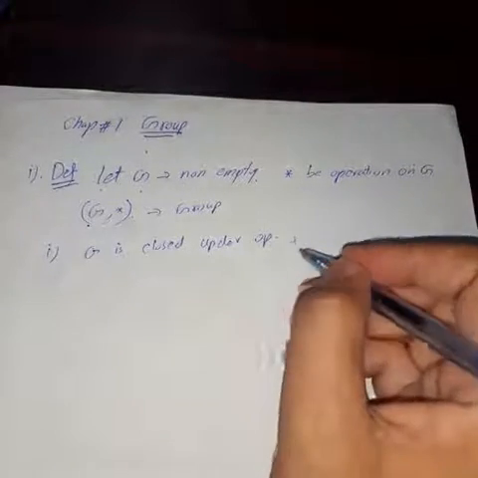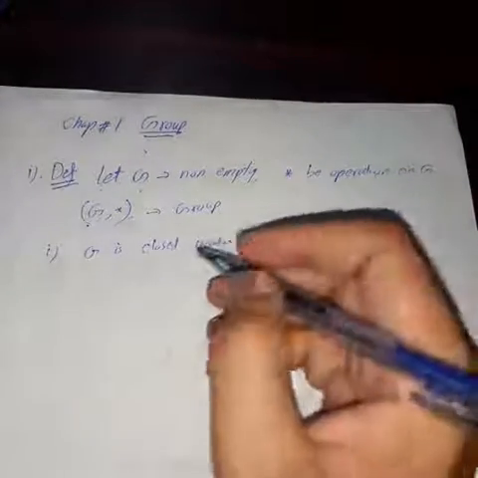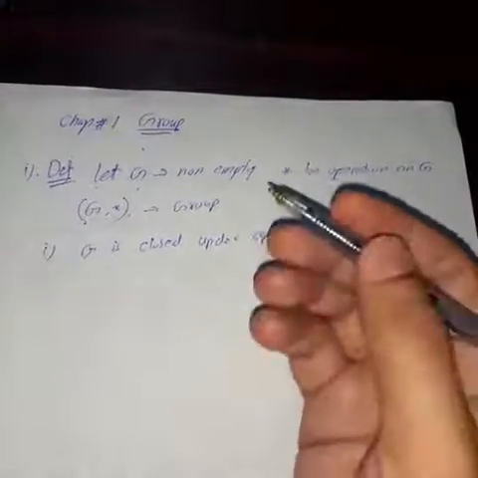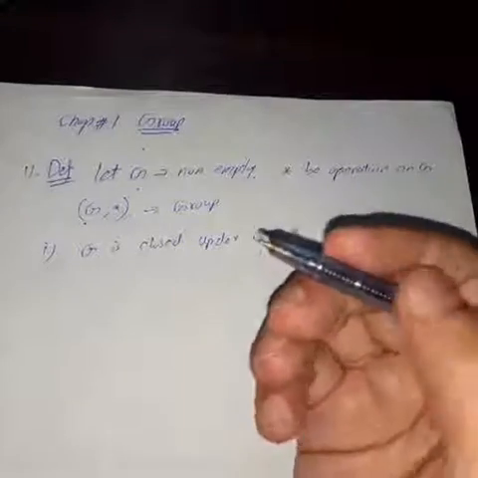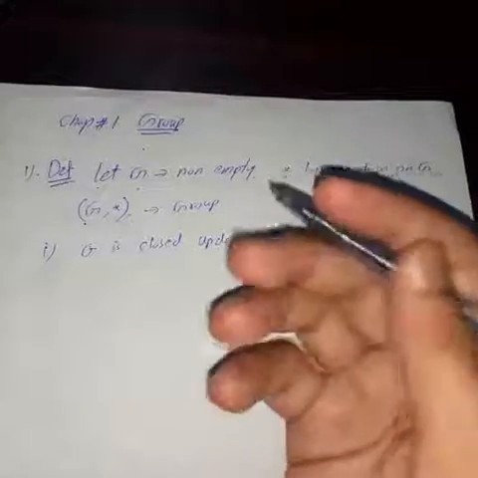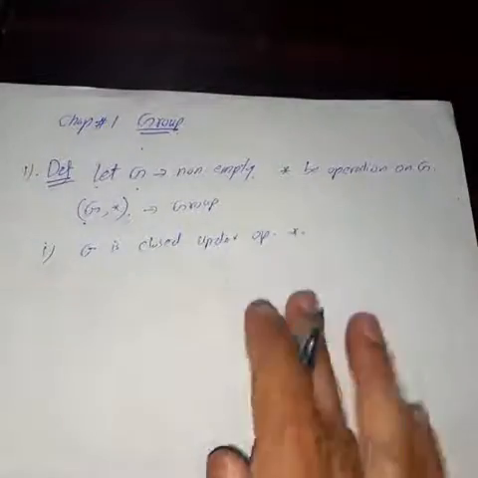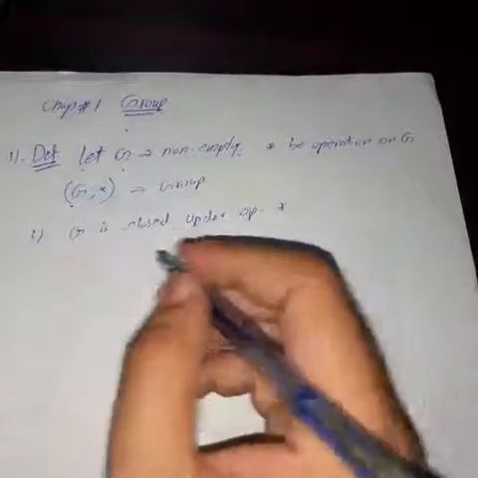this *. This may be addition, may be multiplication. Generally we take these two operations, addition and multiplication, and many more operations can define a group except addition and multiplication.